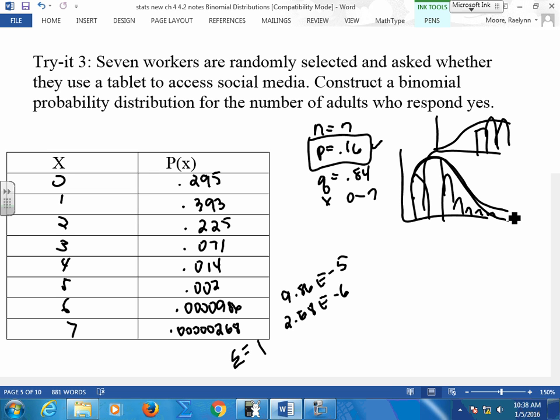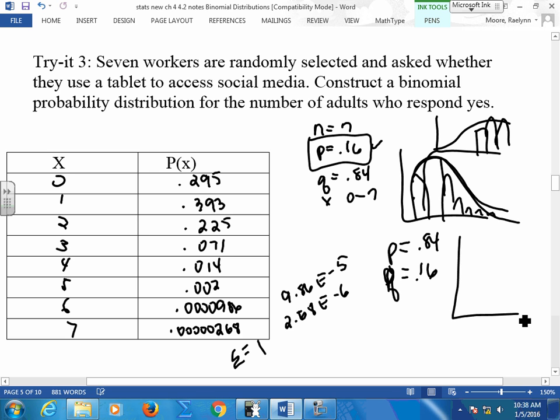If I did one, and this says probability is, let's reverse this, 0.84, and my Q was 0.16, that means if I'm only looking for 0 to be successful, well, my rate is pretty good to be successful. So the fact that I had none be successful is probably very small, right? If my probability to be successful is 84%, and I did 7 of these, I asked 7 people.